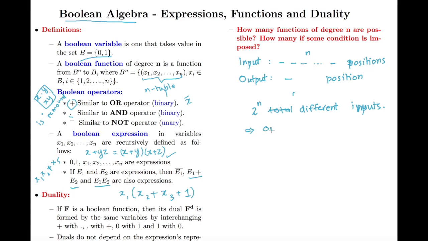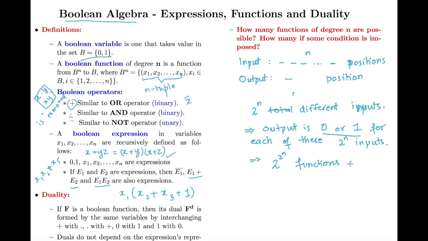So let me write one more sentence: the output is 0 or 1 for each of these 2 to the n inputs. So how many options do we have? We have two options for each of these 2 to the n inputs. So this means then we can have 2 to the 2 to the n functions of degree n possible.